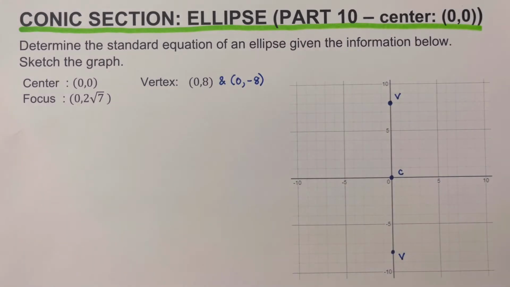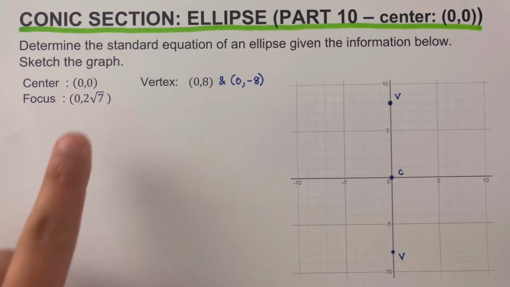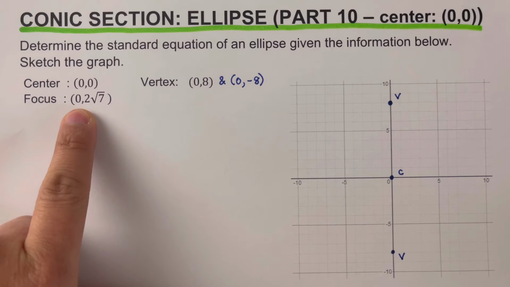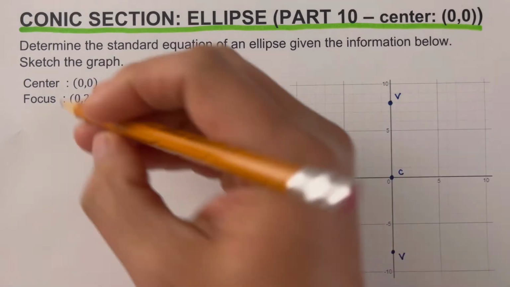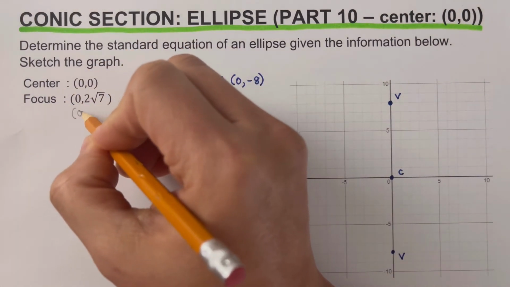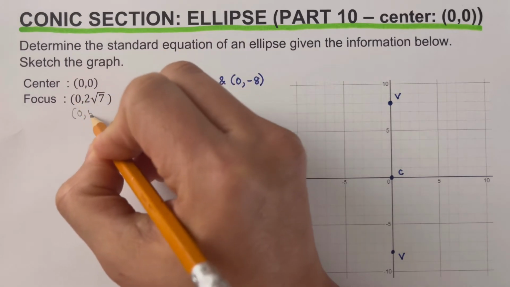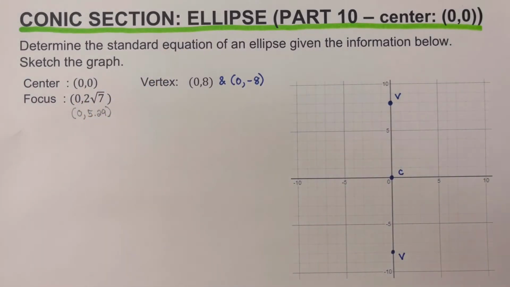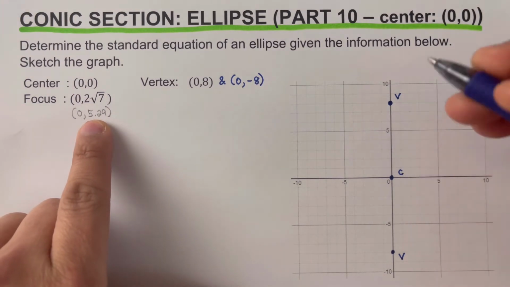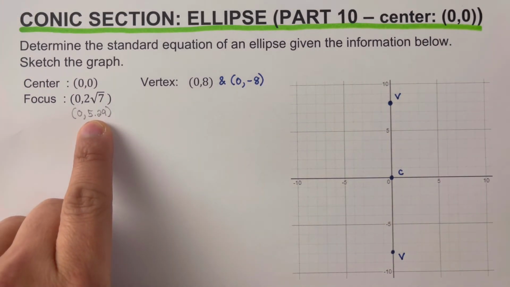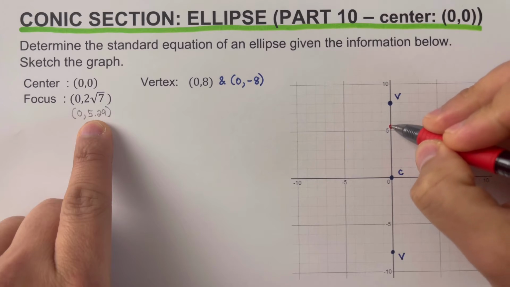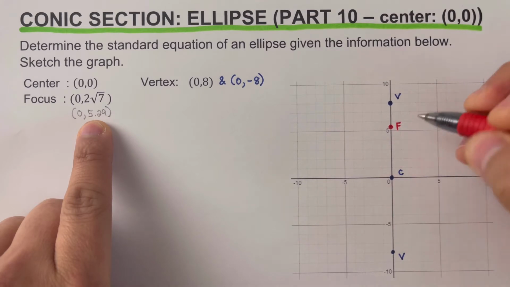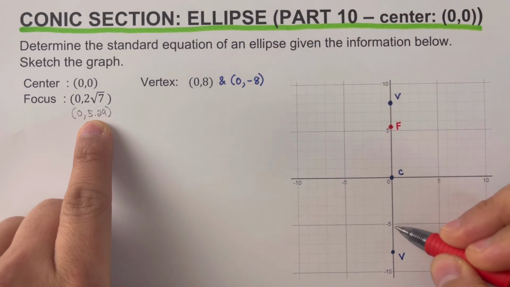We also have the coordinate of the first focus, 0, 2 square root of 7. We can change this to its decimal version, that is 0 and 5.29. So I go ahead and sketch that up here. So 5.29 should be somewhere around here. So this is our first focus, and this is the other focus right here.